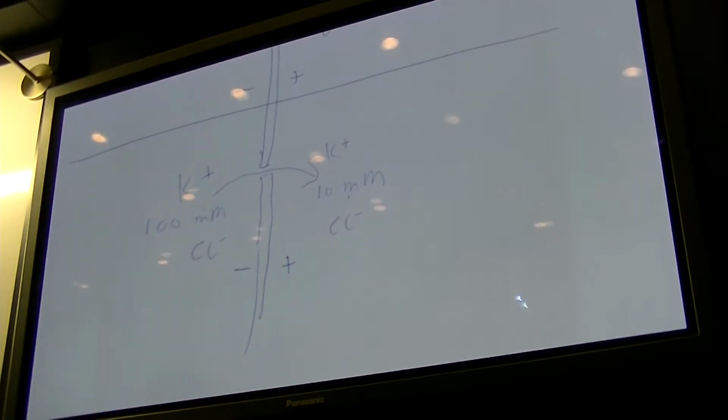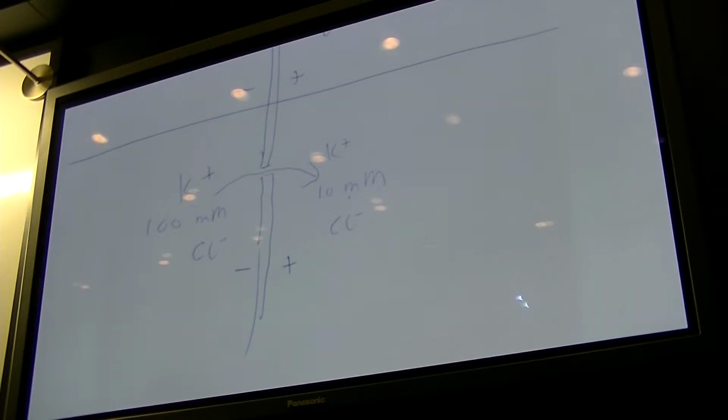So the delta G due to concentration and due to membrane potential combined are 0. Delta G total is 0. That's actually the chemical definition of equilibrium. Equilibrium means potassium moves forward and backward just as fast.